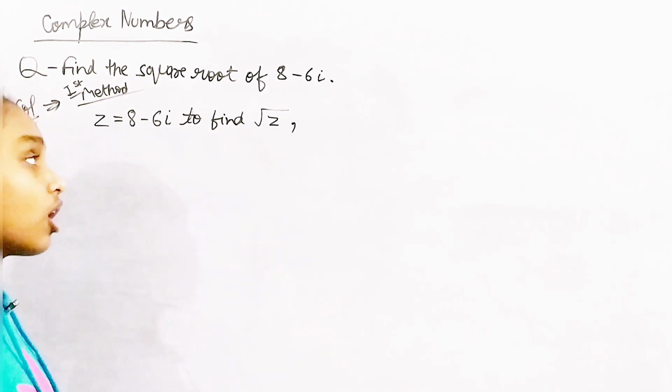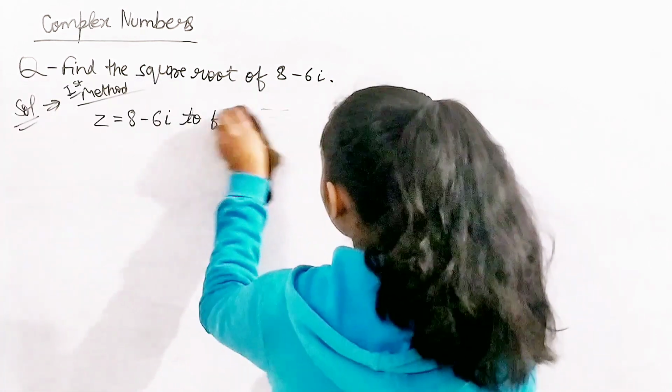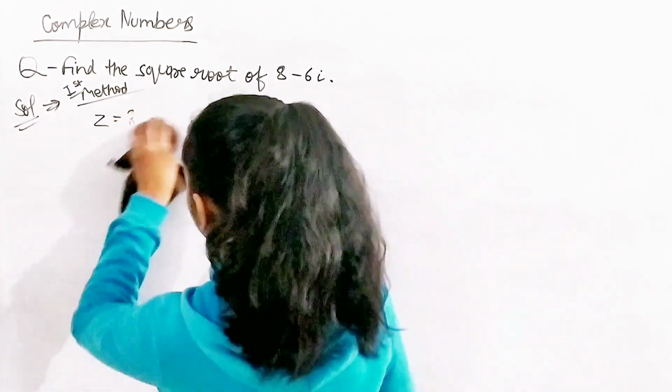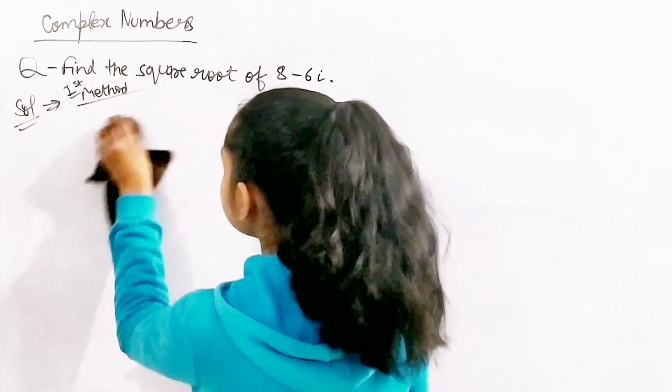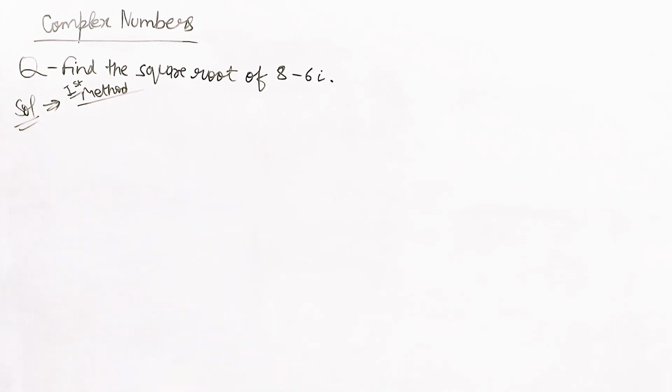Just have a look. What is our complex number? It's z, and to find the square root of z, what are we going to do? Let me clean this and write something else, because it's this method first.